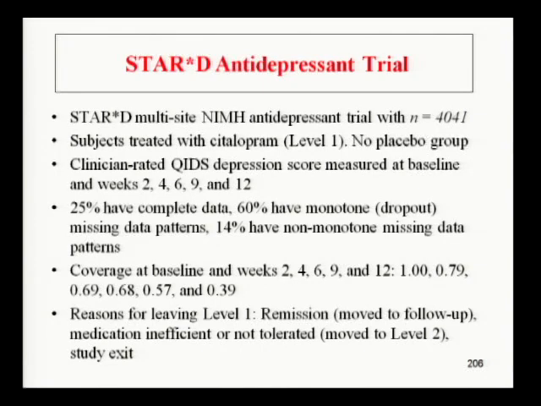Usually, remission is defined as falling below a certain level on the depression score. In this case, I think it was 5. They can be moved to level 2 if the medication is inefficient or not tolerated. Level 2 means that they get put on another antidepressant, but they also disappear from the study. And then there are the people who disappear from the study for unknown reasons.